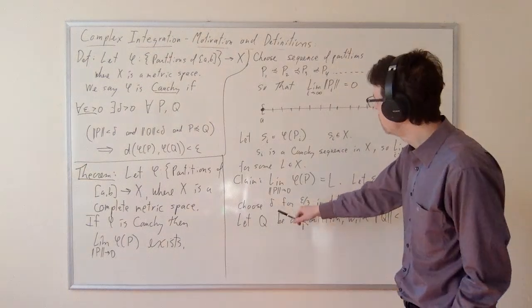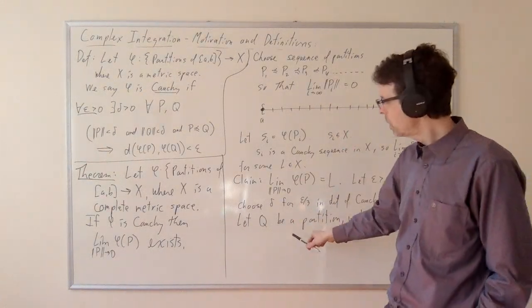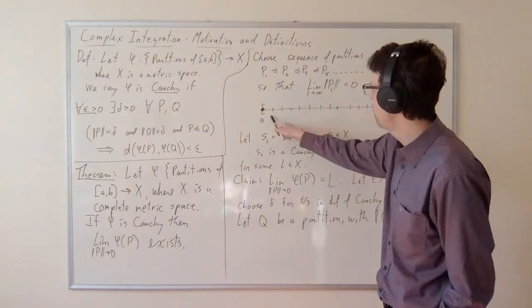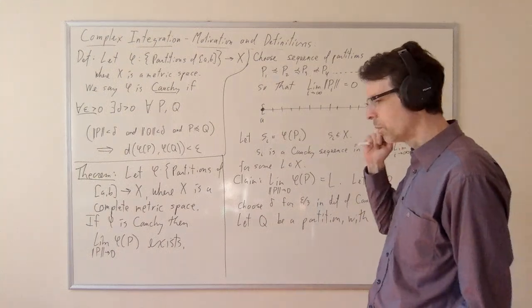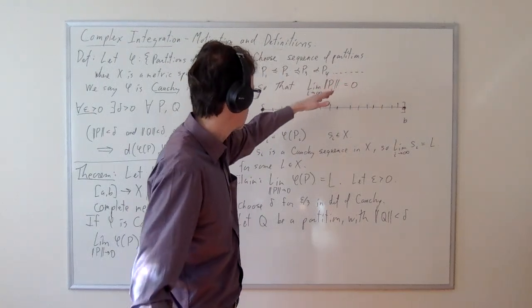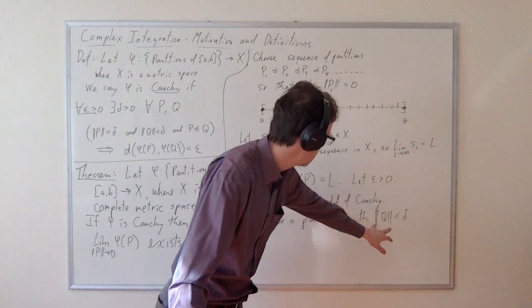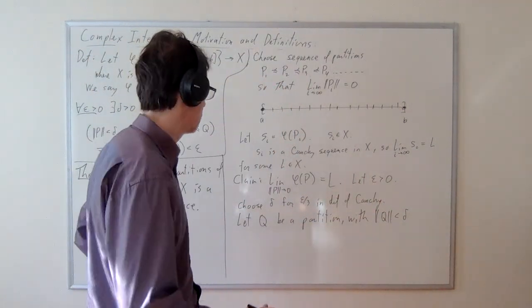Okay, what we don't know is that Q has any refinement relationship to any of these P_i that we constructed, because these could be made out of any arbitrary irrational lengths, whereas these are made out of these dyadic lengths. So we don't know any refinement relationship between P and Q. But we do know that there is some P along this list that also has a norm less than delta. So I'm going to choose one of them. I don't know which one.